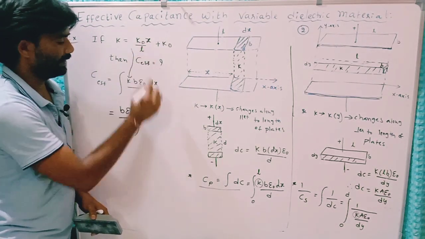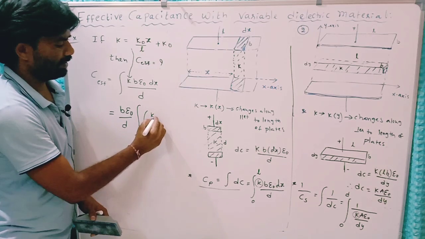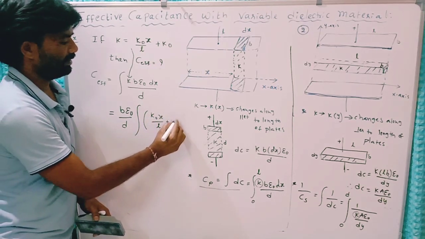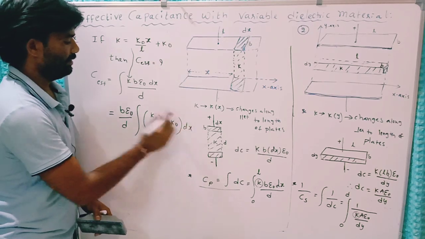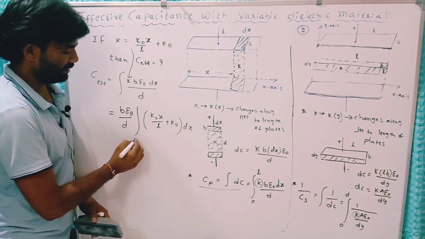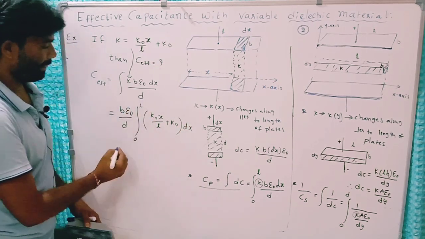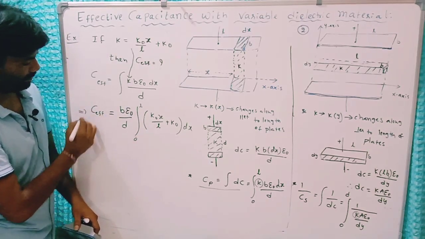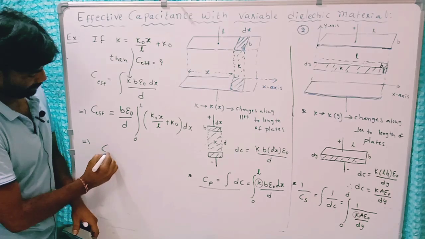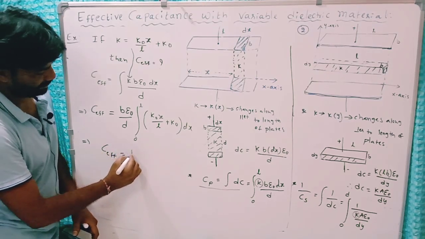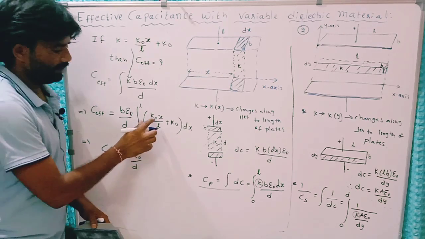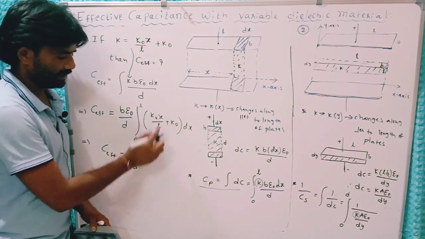times the integration of K naught x by L plus K naught, into dx. The limits for x are 0 to L. Do the integration now. The integration of this equation gives K naught by L into x dx.